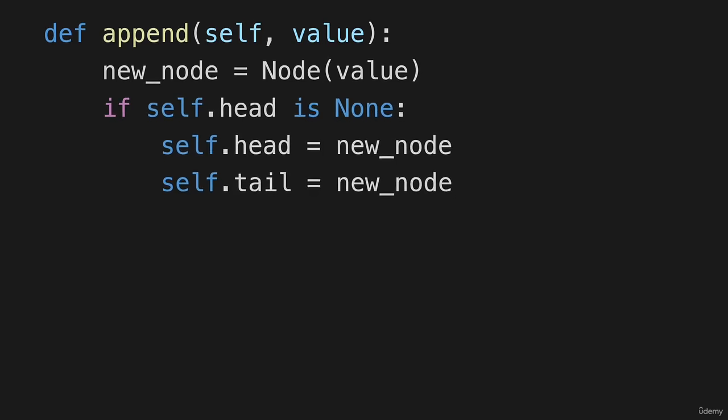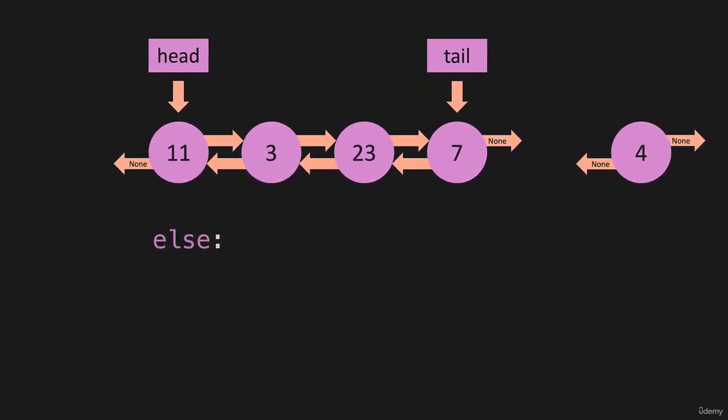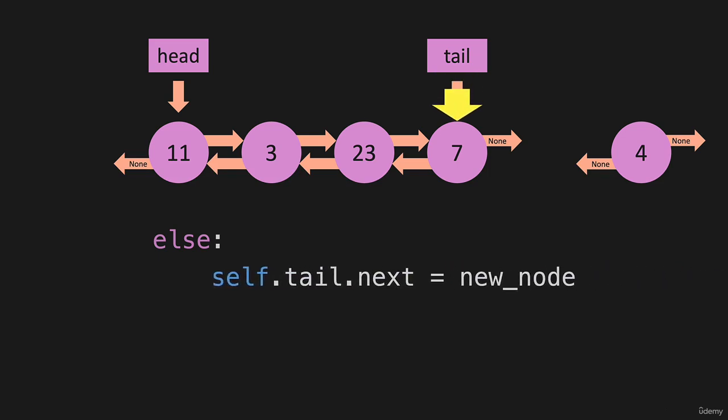And of course, the other possibility is that we do have items in our linked list. So we'll say else, and we'll build out our else statement. So we'll say tail.next equals new node, like that.